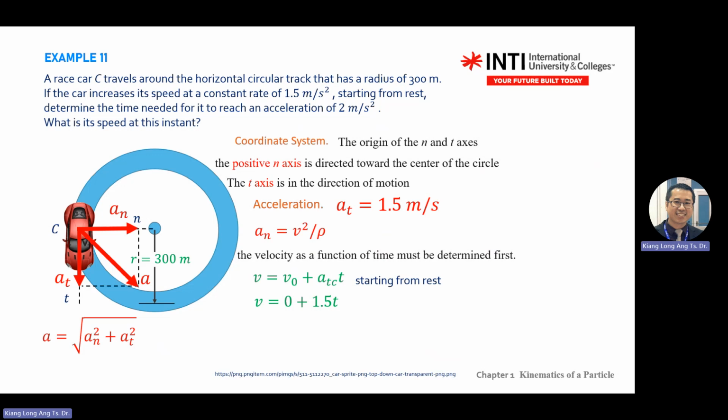It tells you already it is a constant rate. The only rule for the Newton equations is that the acceleration must be constant. So from here you get one equation: v equals 1.5 t, which is a linear equation.